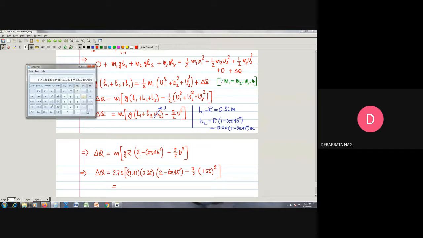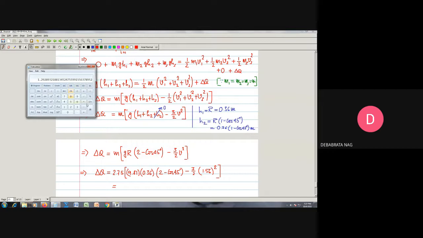I think we made some mistake here in the calculation. Let me do it once again. Take cos 45 degree, negate this value, and add 2.